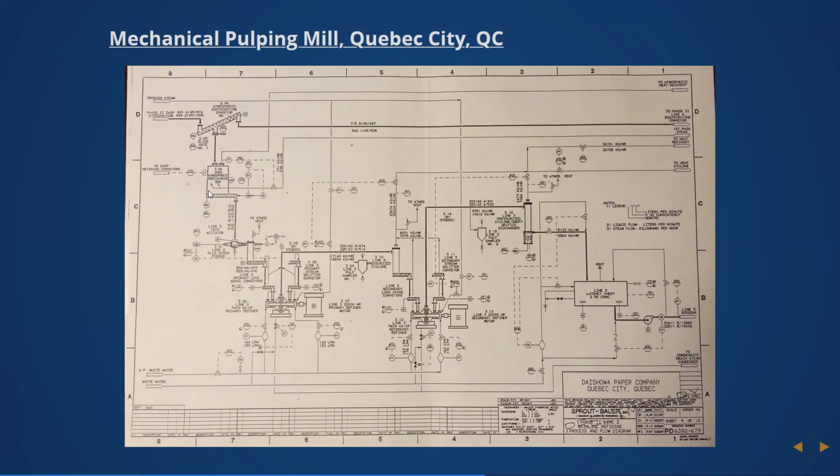So if you're making paper, you've got wood chips coming in. They have a certain amount of wood fiber and a certain amount of moisture or water in them.